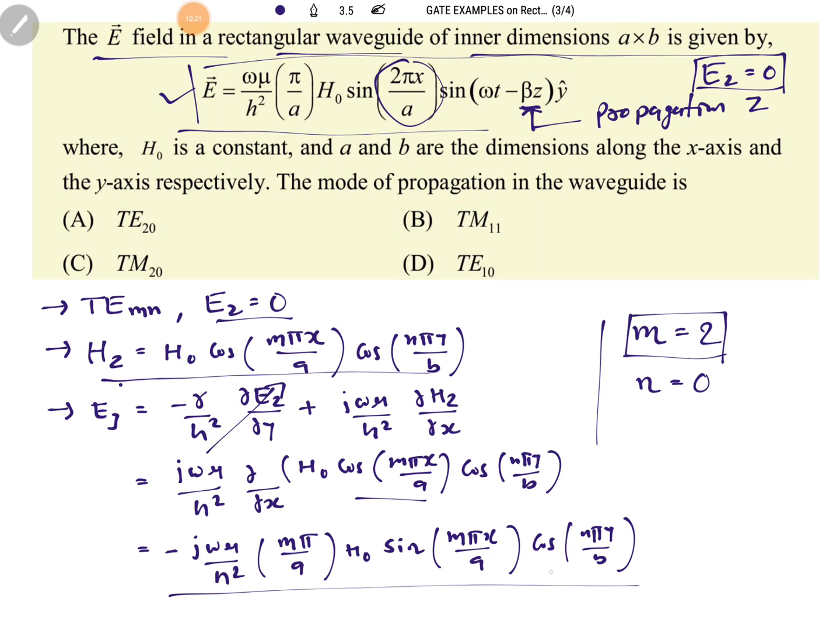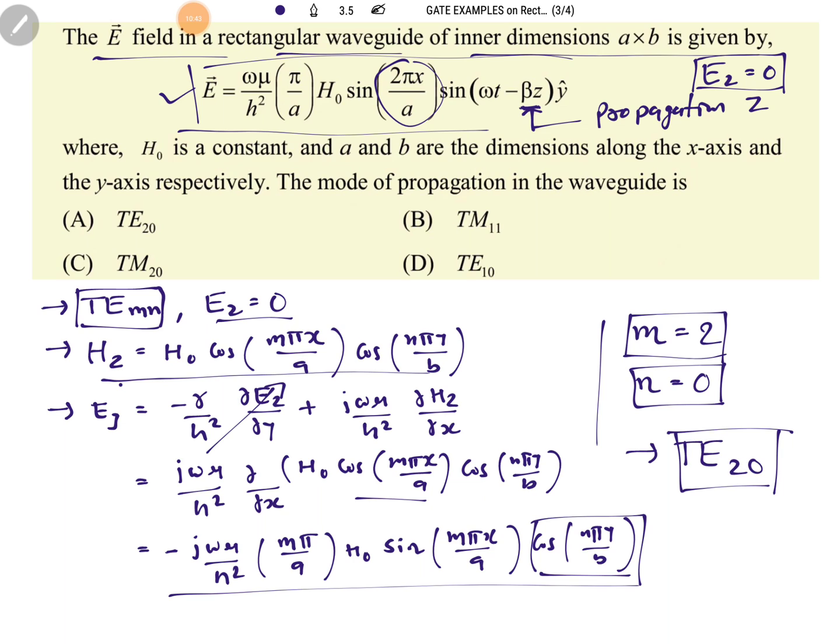Why? The reason is this term is not there, so this cos is equal to 1. What does it mean? n equals 0. As I said earlier, this mode has to be a TE mn mode. So this mode will be TE with m is 2 and n is 0, so it is TE20 mode. So practically, this is the answer A, TE20 mode.